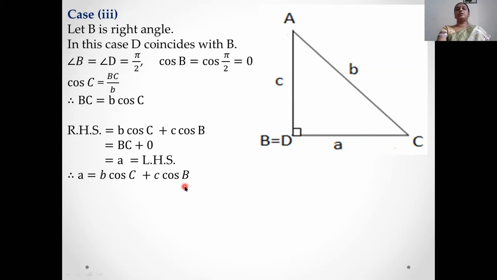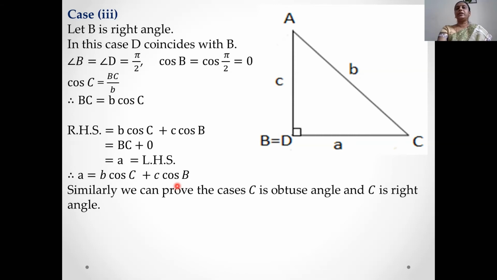Now, to prove this first equation in the projection rule, we have considered three cases. In the first case, we have considered angles B and C acute. In the second case, we have considered B obtuse. And in the third case, we have considered B as a right angle. And we got this equation in all the three cases. Similarly, you can prove the remaining two in this way.